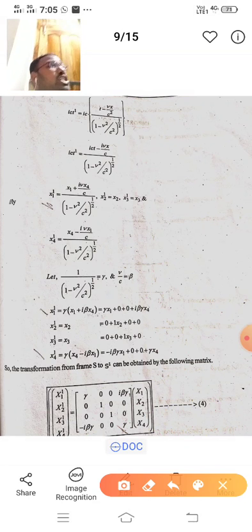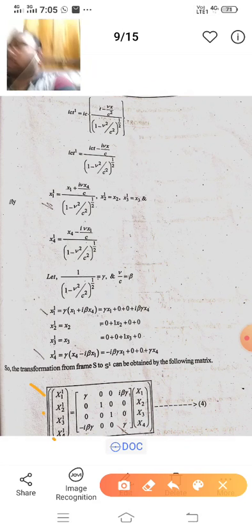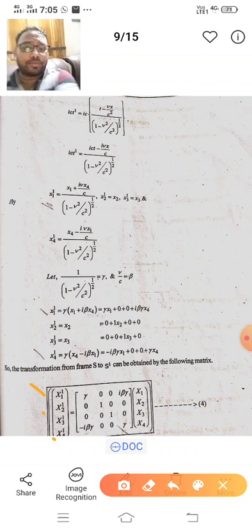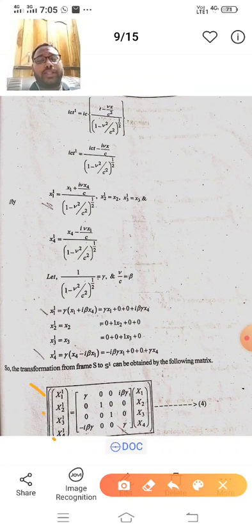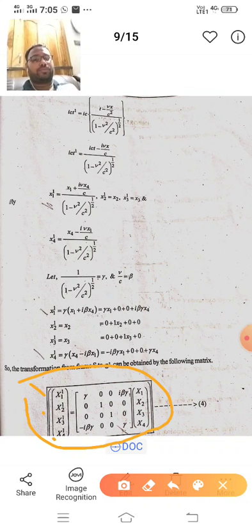So by using these four equations, we can write them in matrix form: x1', x2', x3', x4' equals the matrix with rows gamma 0 0 i beta gamma; 0 1 0 0; 0 0 1 0; minus i beta gamma 0 0 gamma. This one is the 4 vector formalism.